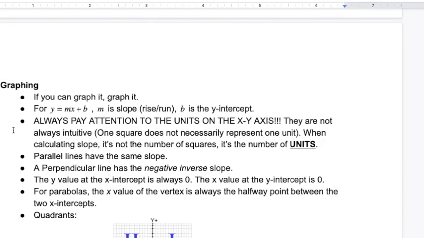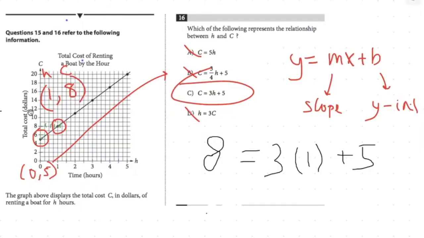They are not always intuitive. 1 square does not necessarily represent 1 unit. When calculating slope, it's not the number of squares, it's the number of units. And if you look at the units, you're going up 3, 1, 2, 3, over 1. So the slope is 3, which is answer choice B.